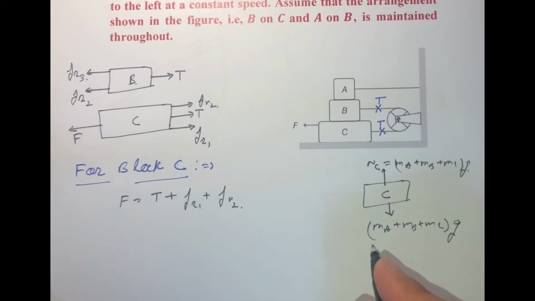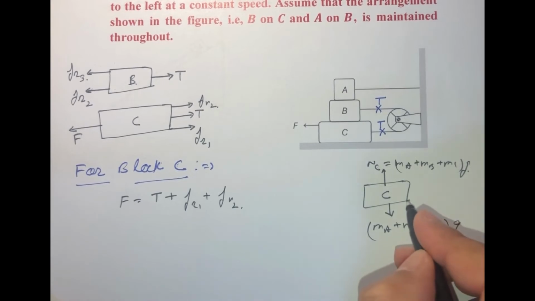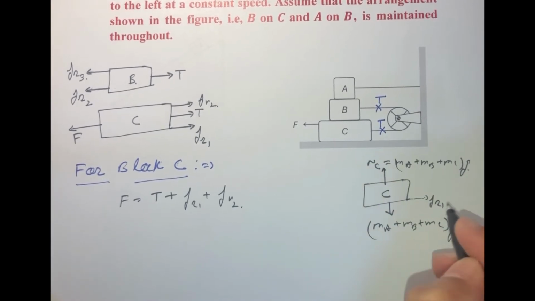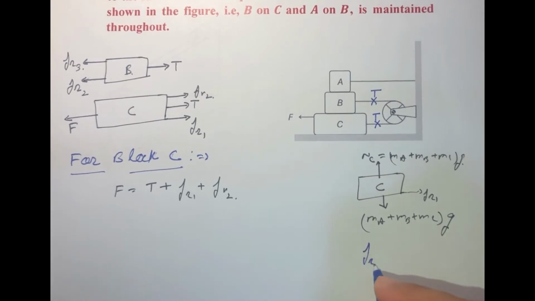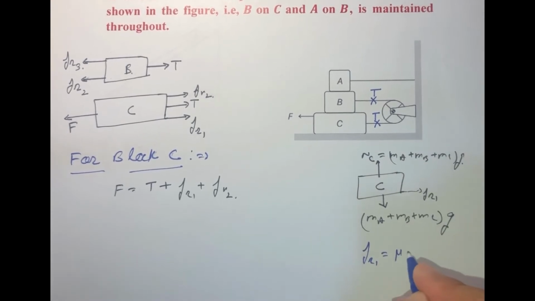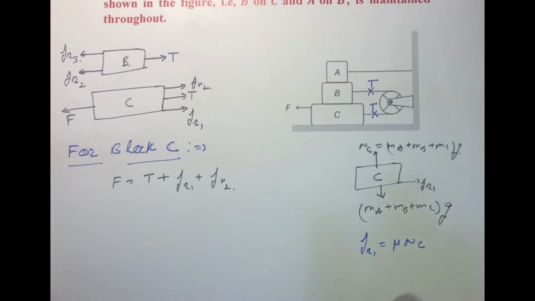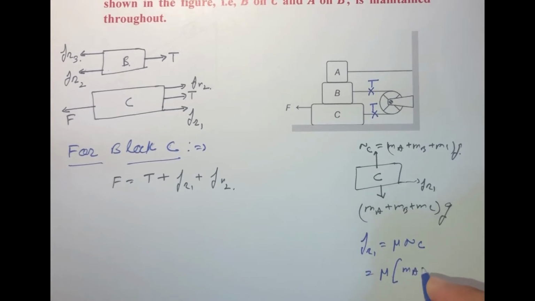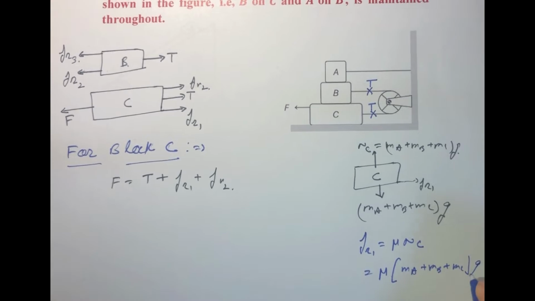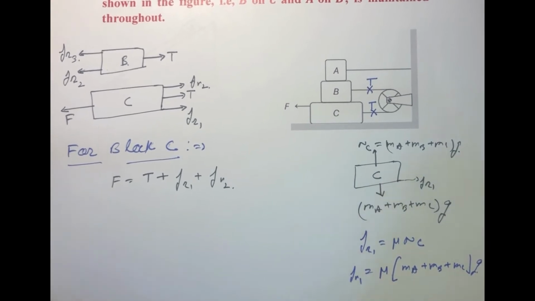So we can say our FR1 will be equal to mu into NC, and if we substitute the value, we get mu into MA plus MB plus MC into g. This is our FR1.